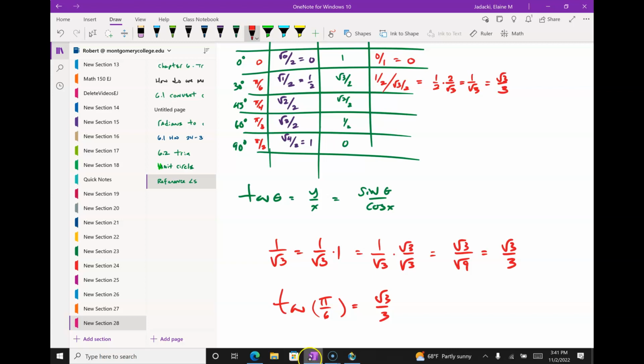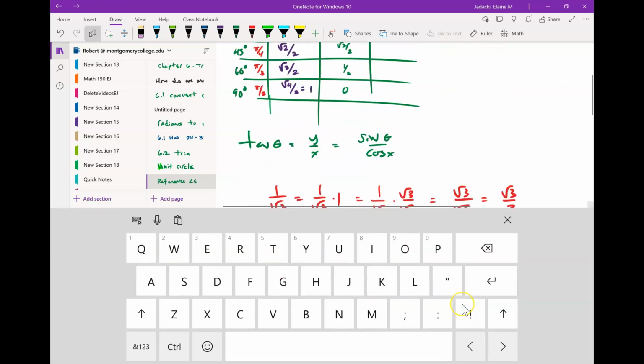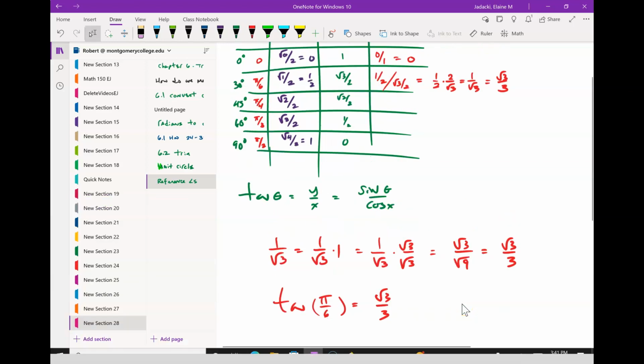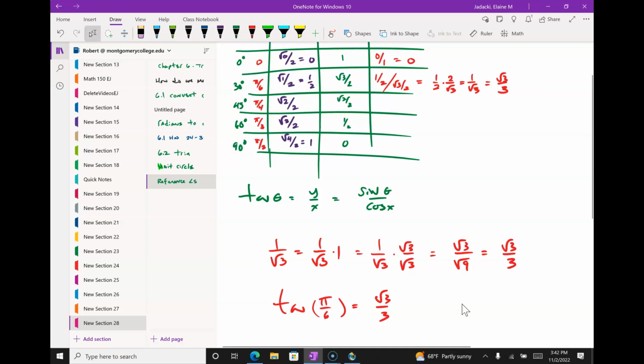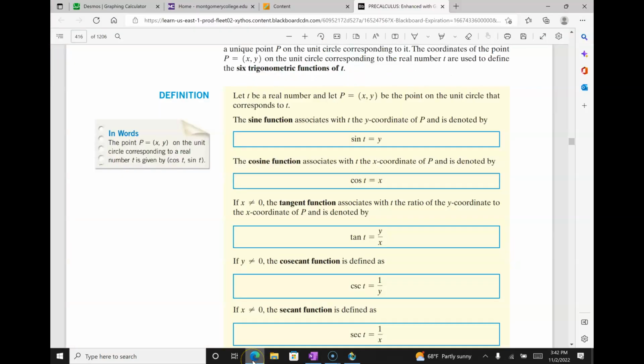Watch that on Desmos. Don't let me go too fast here. I think I might have just lost a couple of you. Almost done today.